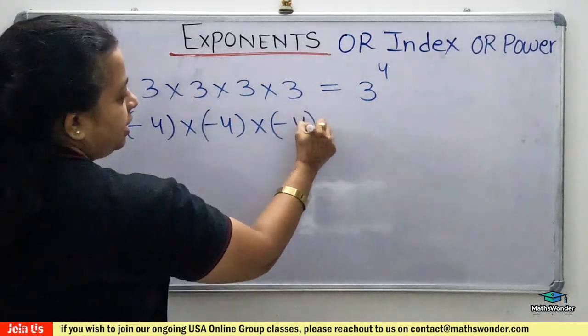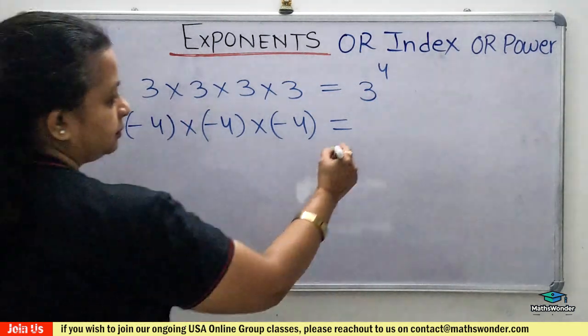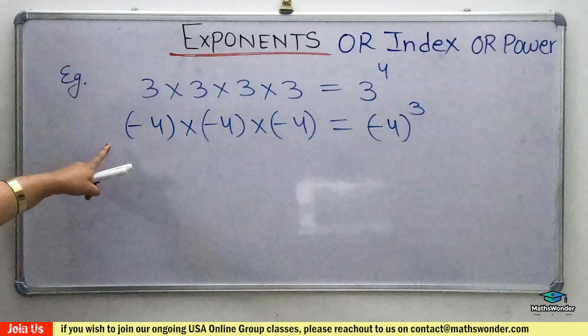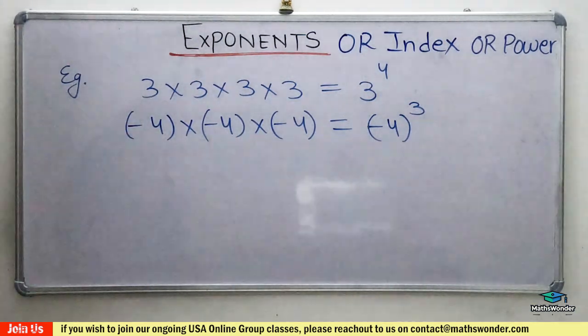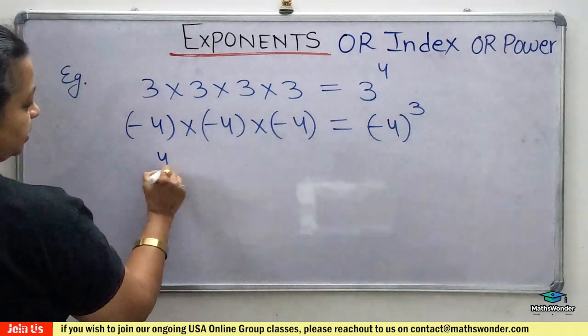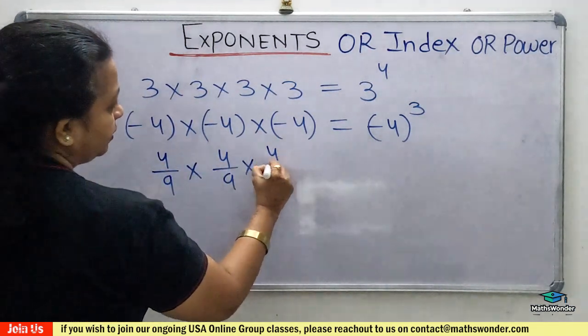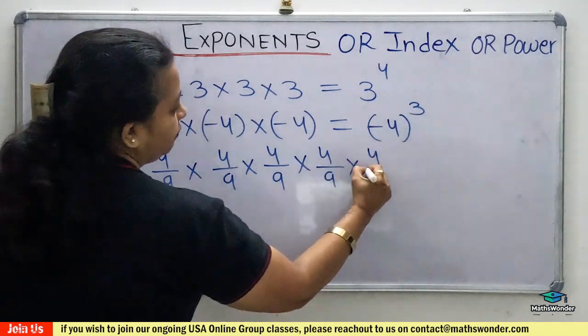So here, what is the base and what is the exponent? The base is -4 and the exponent is 3. Absolutely, right? So you will see exponent questions in integers also. Now, come to the fraction. 4 over 9, 4 over 9, 4 over 9, 4 over 9, and 4 over 9.